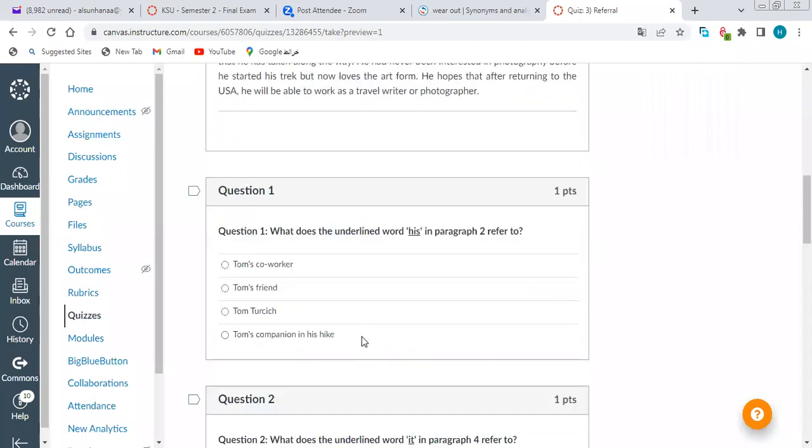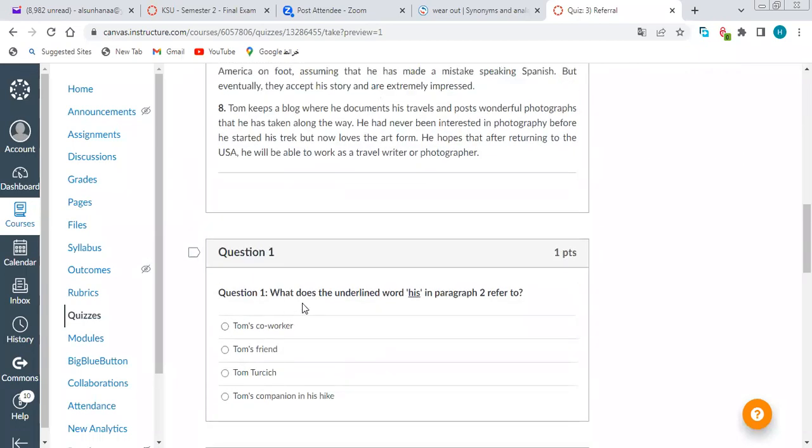Okay, guys. Here I ask, what does the underlined word his in paragraph 2 refer to? Tom's coworker, Tom's friend, Tom Tursish, or Tom's companion رفيق. Coworker, I mean assistant at work, يعني مساعد في العمل.